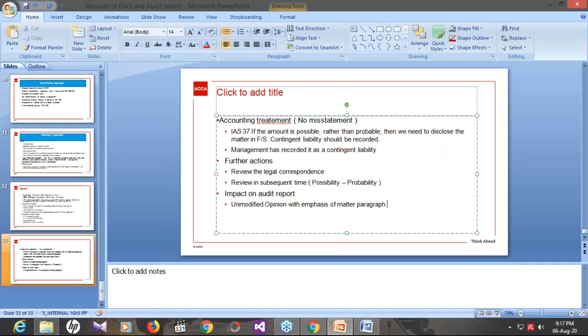And you should know that emphasis of matter paragraph is drawn according to ISA 706.